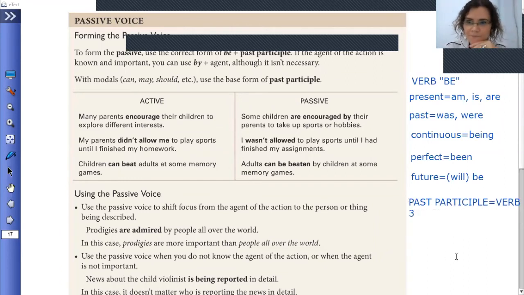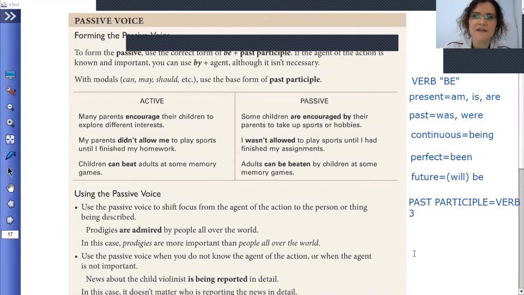If you think about what the past participle is again, it is the same as verb 3. Remember verb 1, verb 2, verb 3: present tense, past tense, and then the perfect tense, where verb 3 is the past participle.